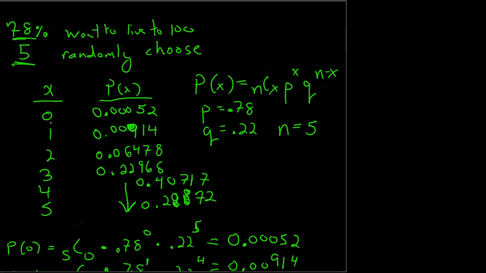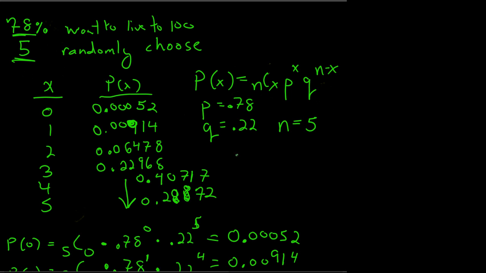This then we can turn into a graph. And I'll do my graph here. So 0, 1, 2, 3, 4, 5. We'll have a very small distribution here. We'll have almost twice that here.